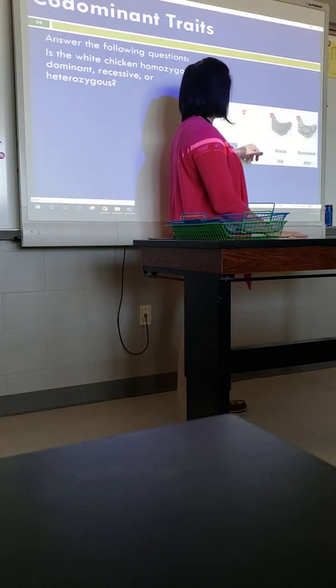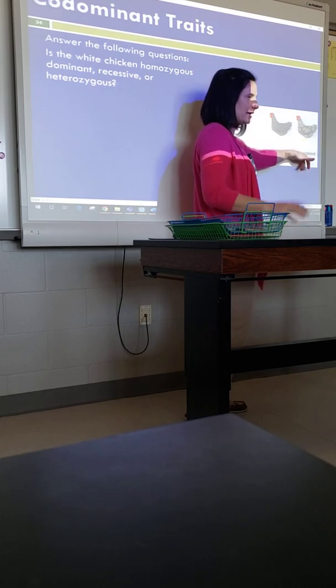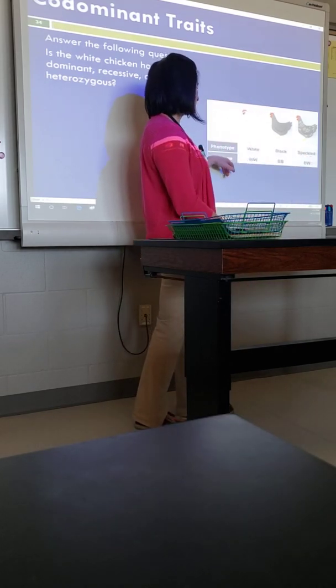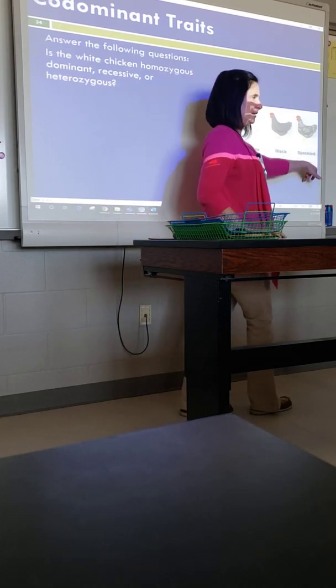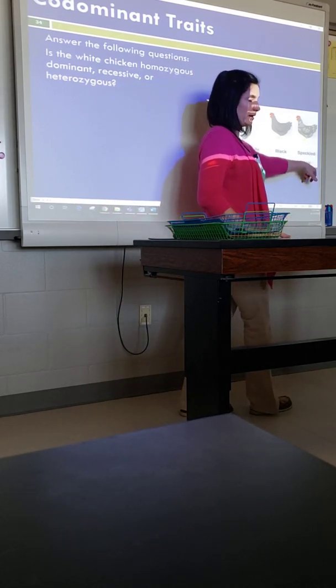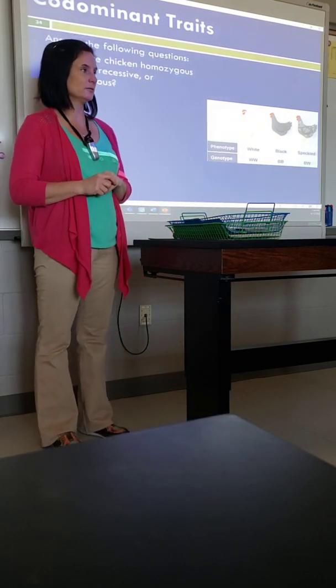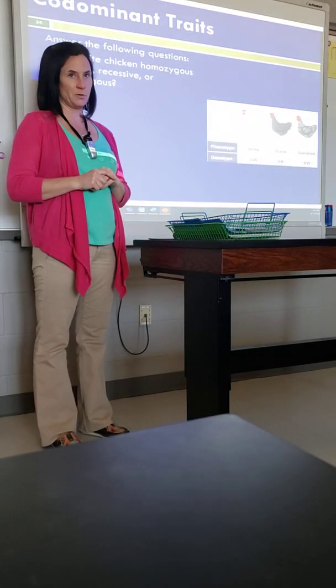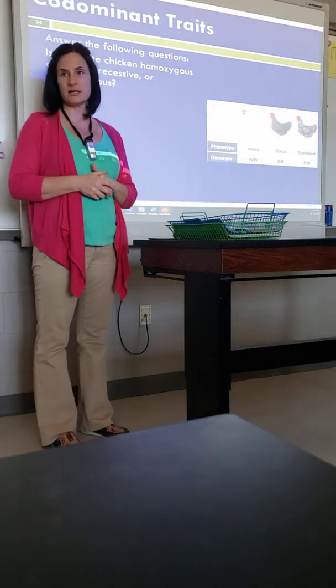But the phenotype is white, black, or this they're calling speckled instead of checkered, same thing. Genotypes, because it's our letters, homozygous dominant, and then this is basically heterozygous, right? One of each. Again, do you see any lowercase letters? Nope. So that makes it different from our normal dominance and recessive.